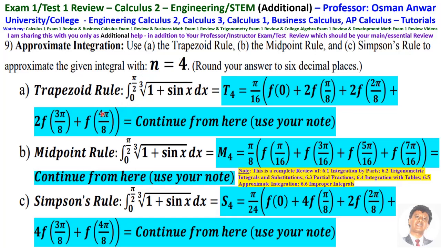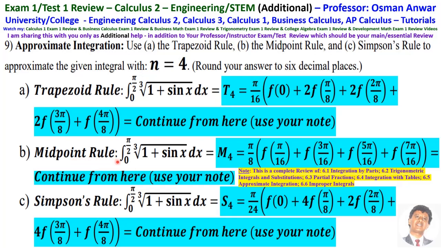Then this is pi over 2, sine pi over 2 is 1, 1 plus 1 is 2, cubic root of 2, and add all these points, then multiply them by pi over 16, and that is your answer.